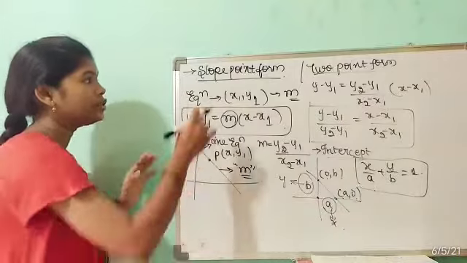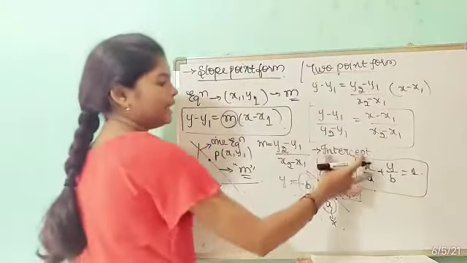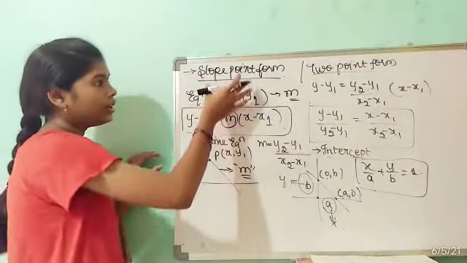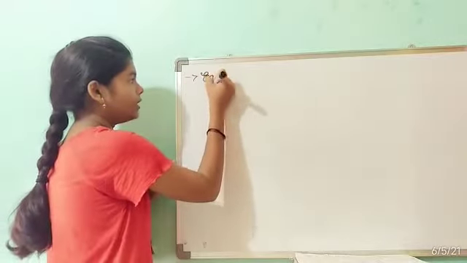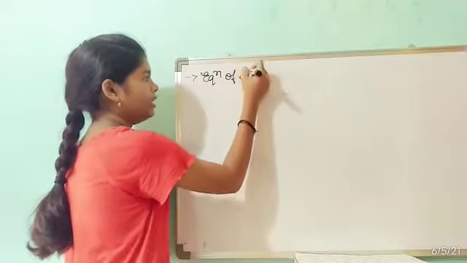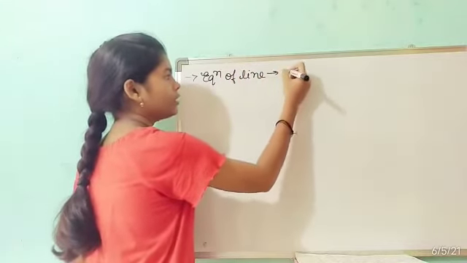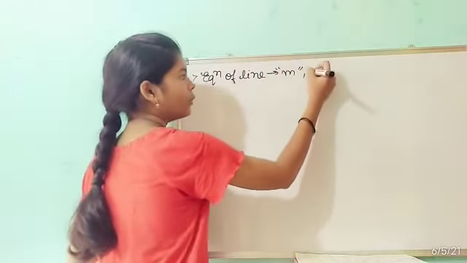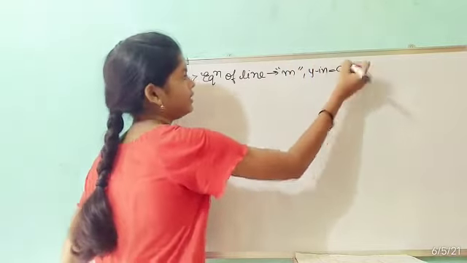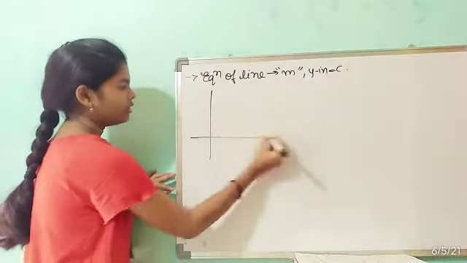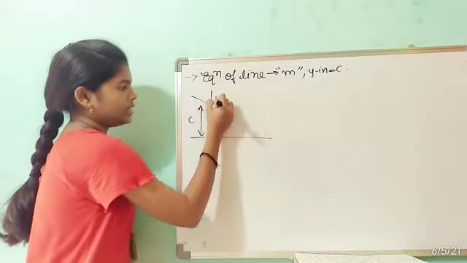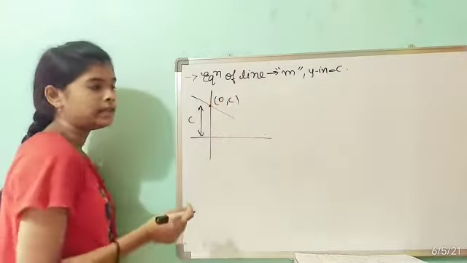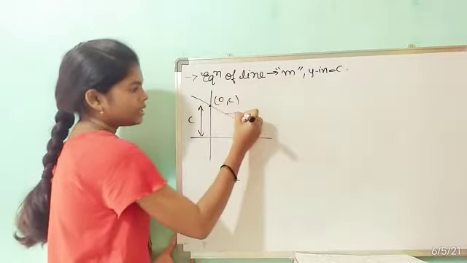So we have seen the slope point form, 2-point form and intercept form. Suppose you are asked to find the equation of a line which is having a slope m and a y-intercept c. This is the y-intercept, which is at a distance c, so this point will be 0 comma c, and this line has a slope m as well.